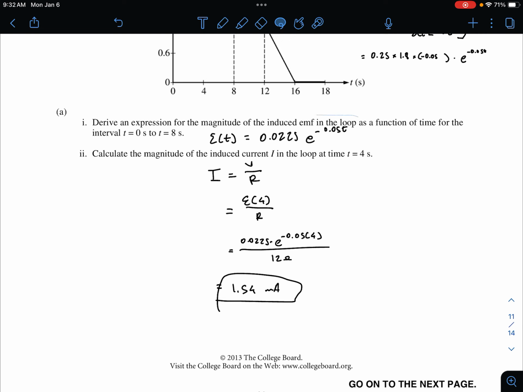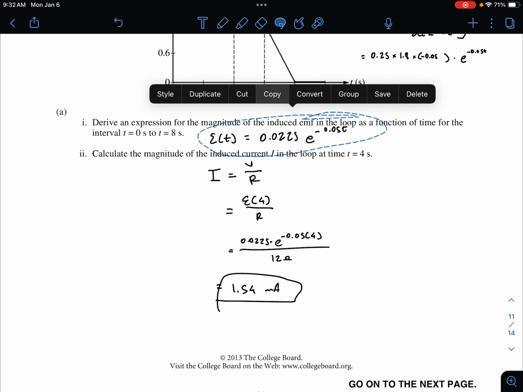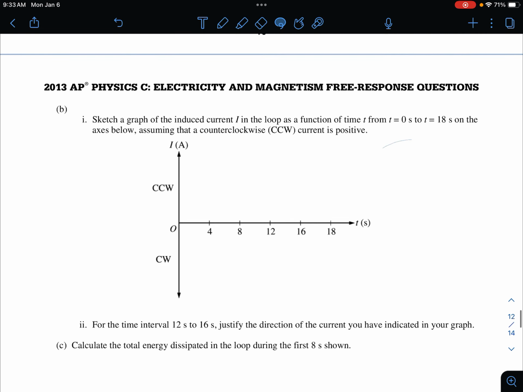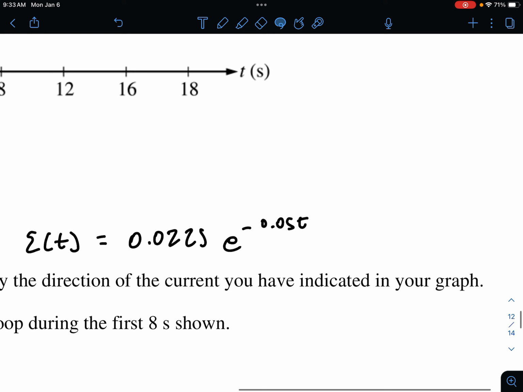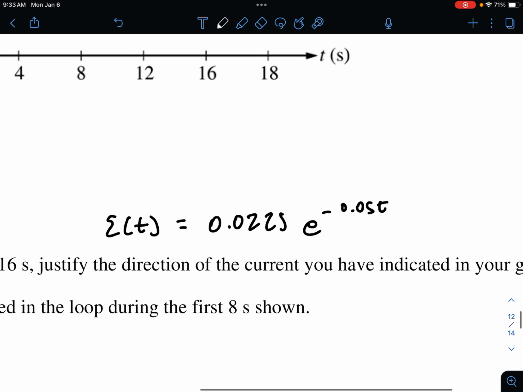I can create a copy. It's going to be proportional to this, because I is a function of time. It's just going to be the voltage divided by the resistance, so it's going to follow the same shape.